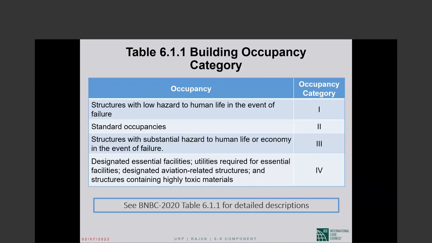So the seismic design category is a function of soil modified ground motion at the site of the structure and the occupancy of the structure.